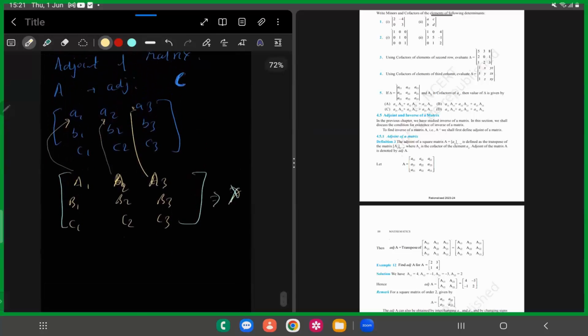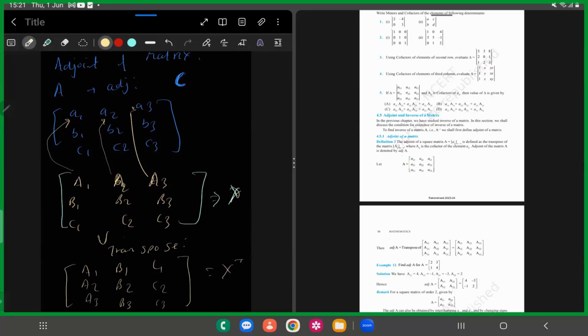If we take the transpose of the given matrix, you know how we take the transpose: our row becomes our column and our column becomes our row. So we get A1, A2, A3; B1, B2, B3; C1, C2, C3 as columns.